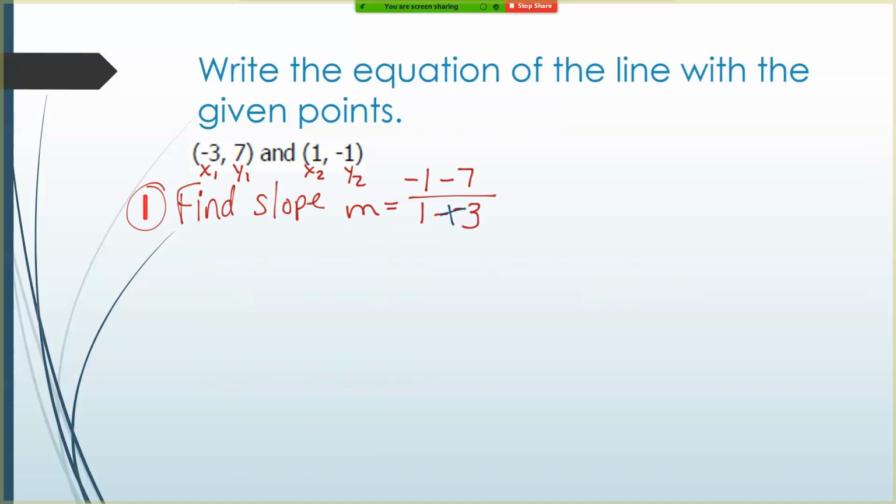So watch out for that double negative, and then -1 minus 7 is -8. 1 plus 3 is 4, which reduces to -2.